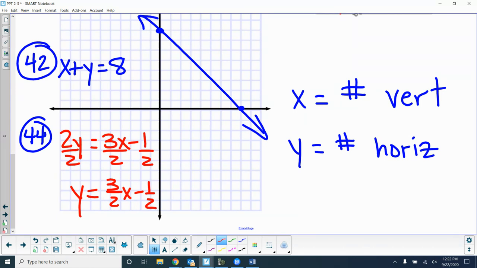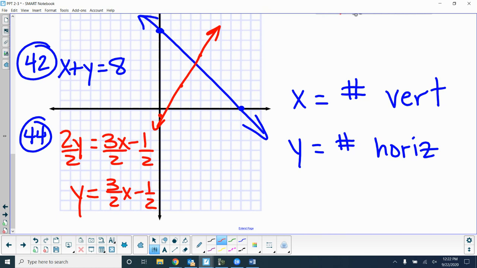So negative 1/2 is my y-intercept, so halfway down to the first one. And then from there I go up 3, 1, 2, 3, and over 2. 1, 2. 1, 2, 3, 1, 2. So I'll make a few points, connect your points, there's your line.